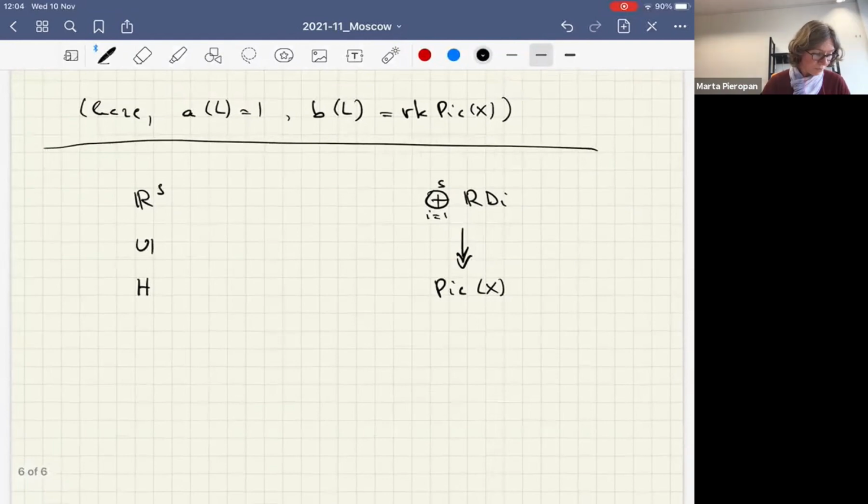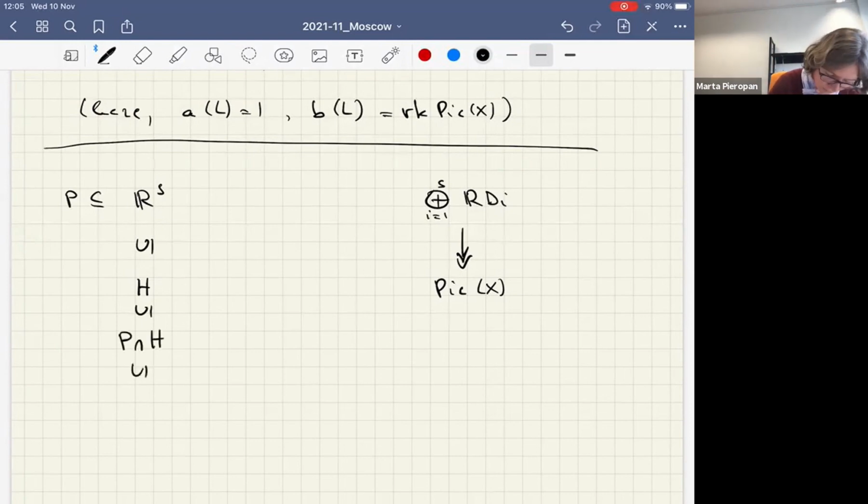So what one can prove is that inside R^S, here we have my polytope, which is defined by the conditions that I wrote down before, the one where we want to maximize a certain linear function. And what I prove is that the face where the maximum value is attained, because L is very ample, is going to be contained inside H. So inside H, we have P intersected with H, obviously, and here inside, we have our face F. My face F does not contain the origin of R^S.